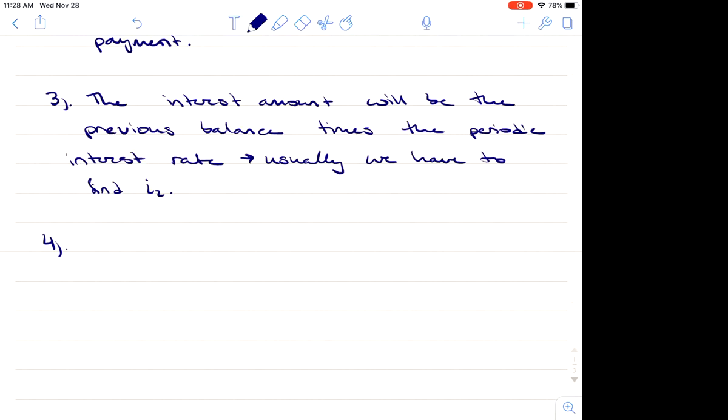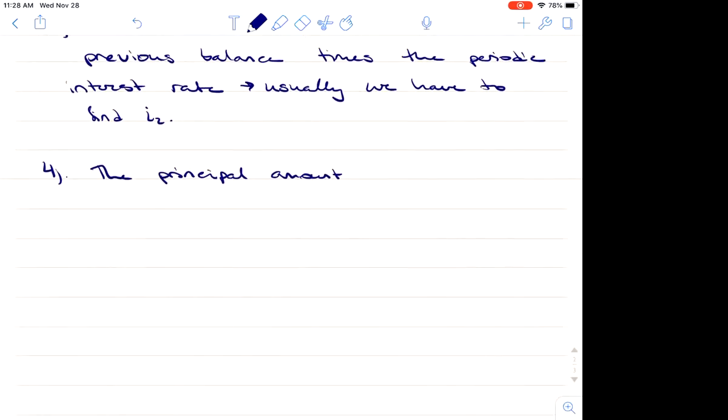So the principal amount will be the payment amount minus the interest amount.